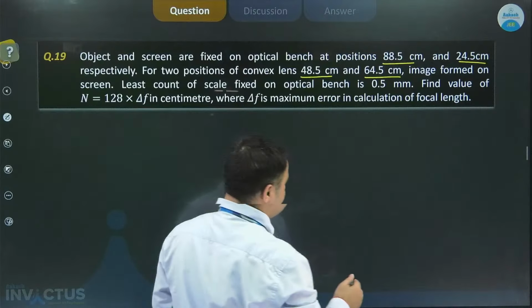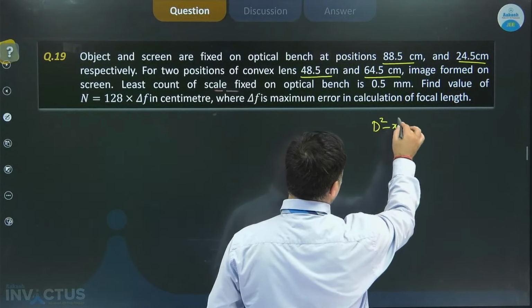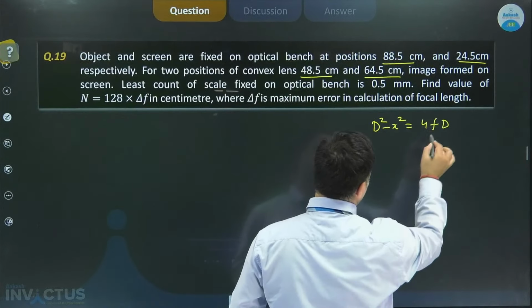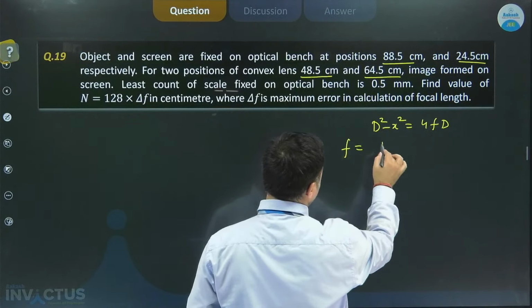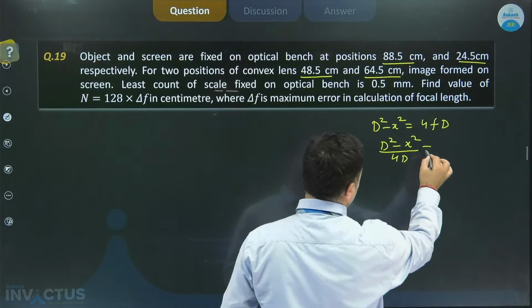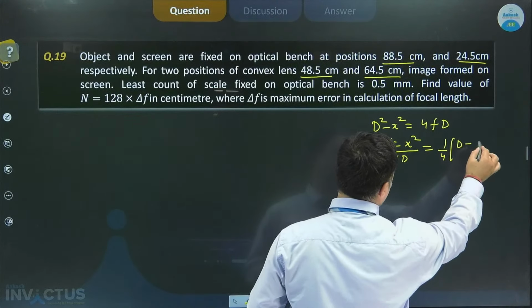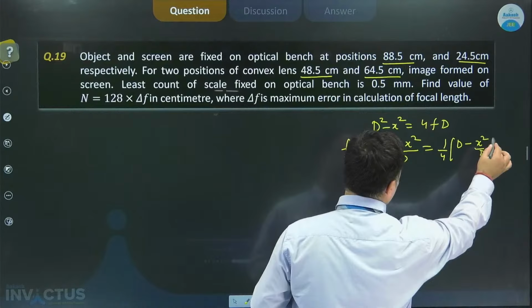So for the displacement method, we know that d square minus x square is equal to 4fd. So from here, focal length is d square minus x square divided by 4d. Now separating the terms, f is equal to 1 by 4 into d minus x square by d.